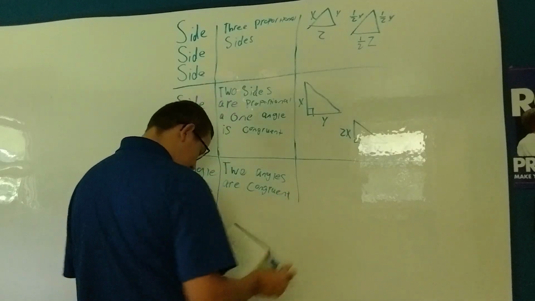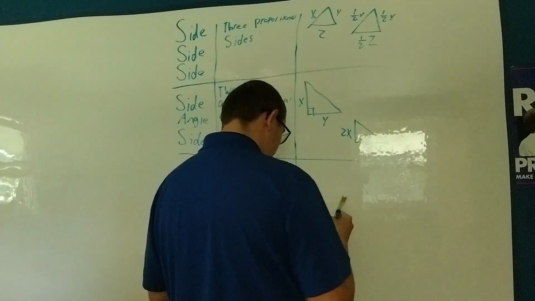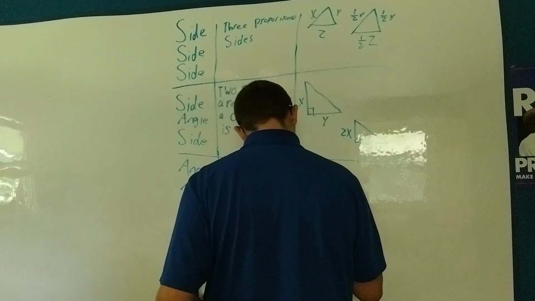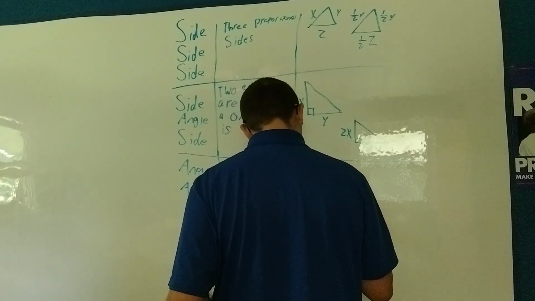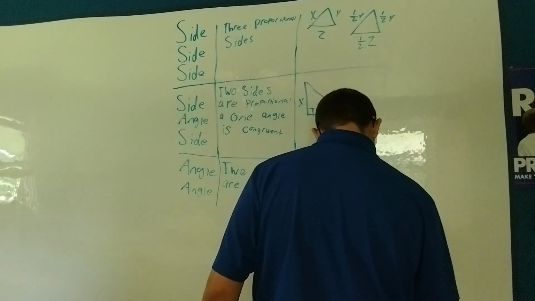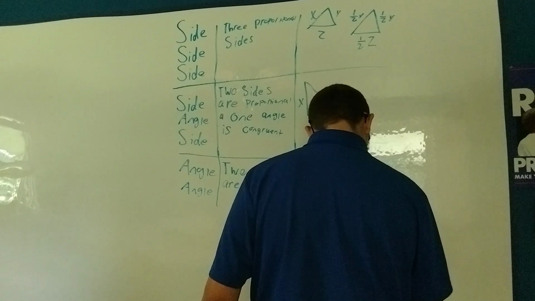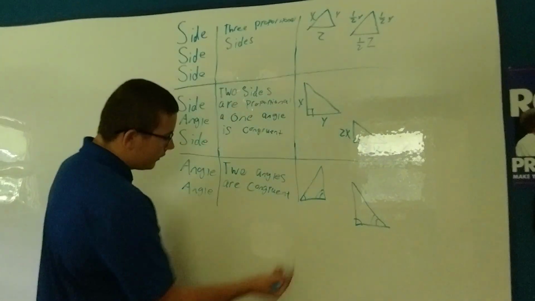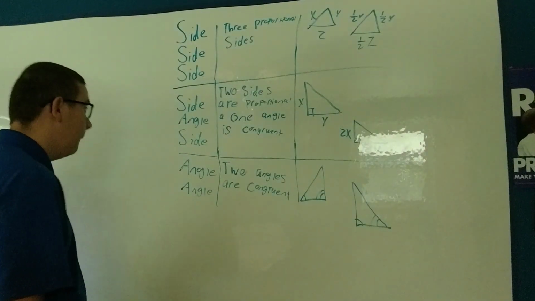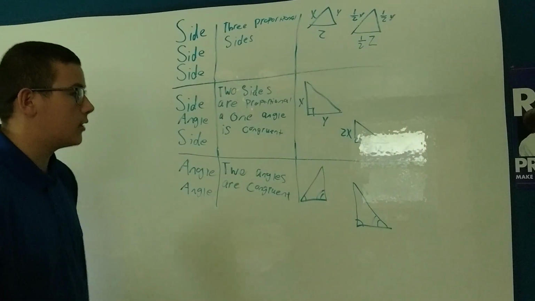Like that. And then this, again, would look something like, coming up with an example here. This would be something like that, where we can prove that these two angles are congruent. And then these are your three kinds of triangle similarity.